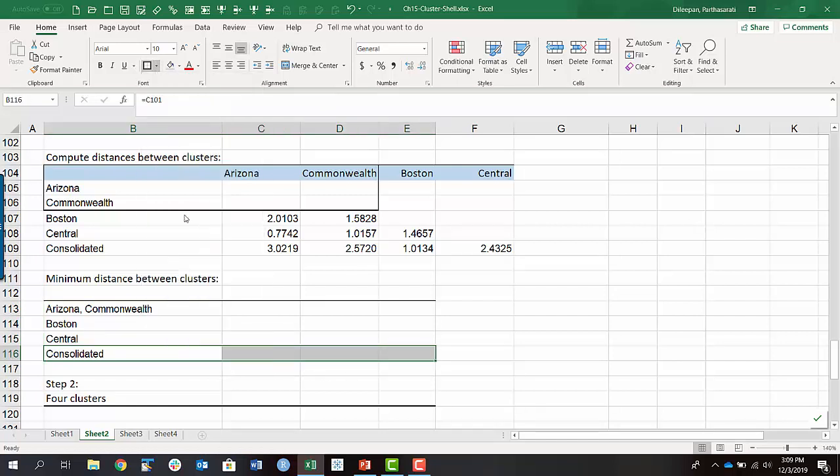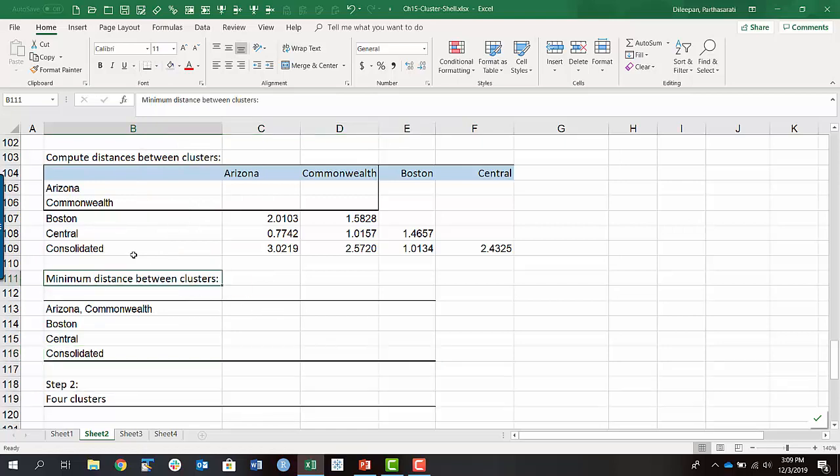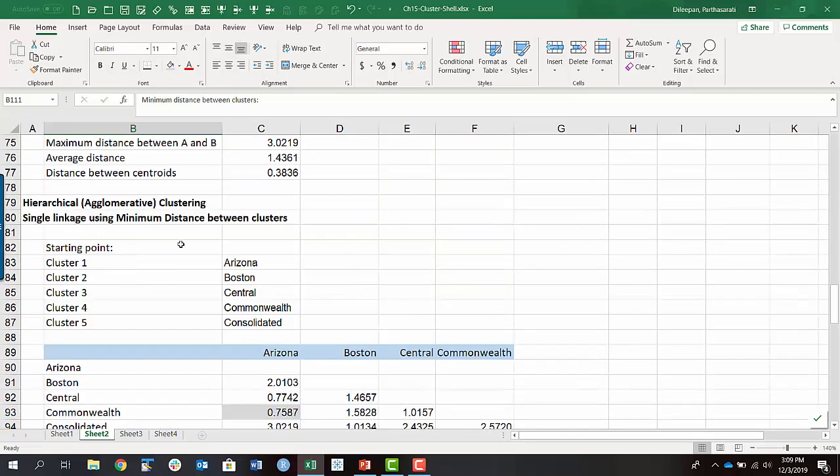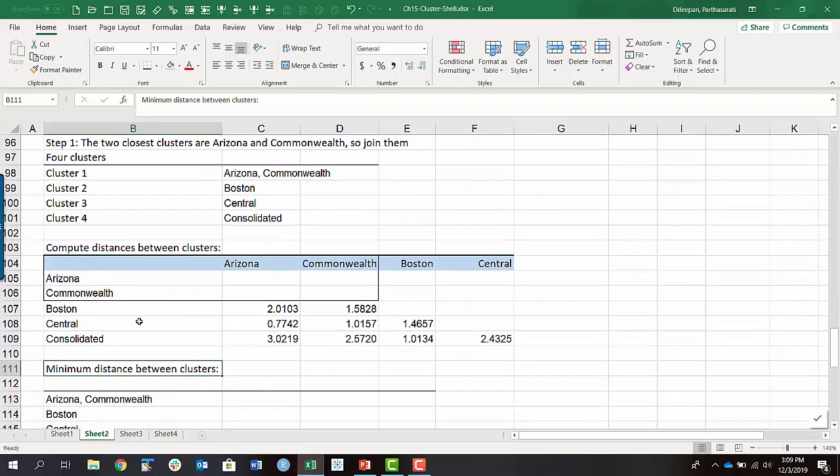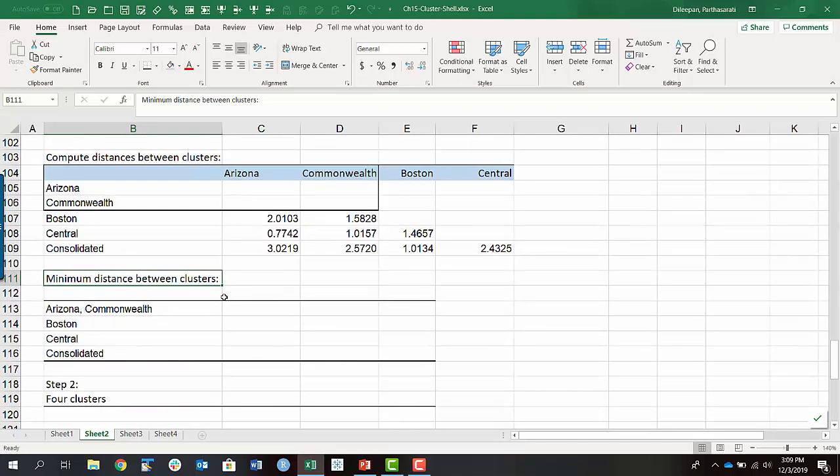Now we need the distances. We are using single linkage, which means minimum distance.